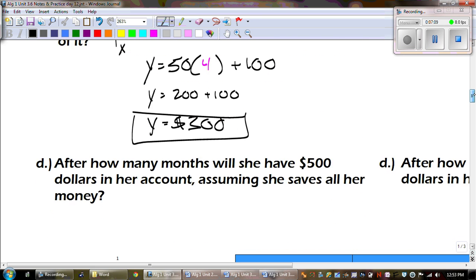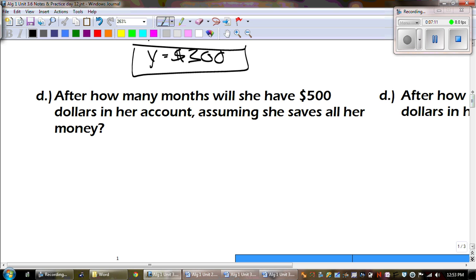Okay. Now the next one, after how many months will she have $500 in her account? So what did they tell us? They're asking us about the months, but they have $500. This is her balance, and her balance was the y. So now we're saying that y equals 500.